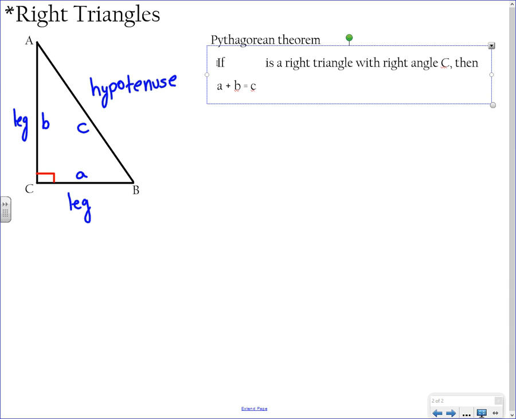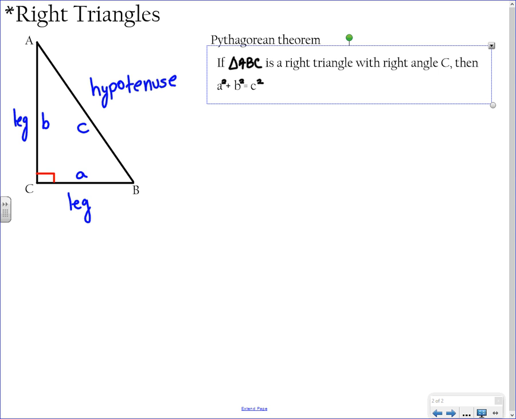Okay, let me finish this. If triangle ABC is a right triangle with right angle C, then a square plus b square is equal to c square. That is the Pythagorean theorem, and that always works for right triangles.